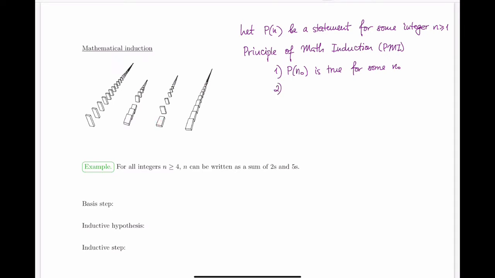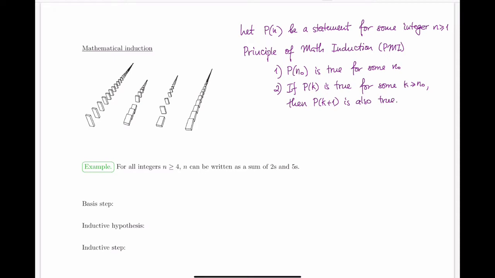And secondly, it must be the case that if P of k is true, so if I can fall this domino, then the next domino will also fall. So if P of k is true for some k that is at least as big as this first domino's value here, then P of k plus 1 is also true.